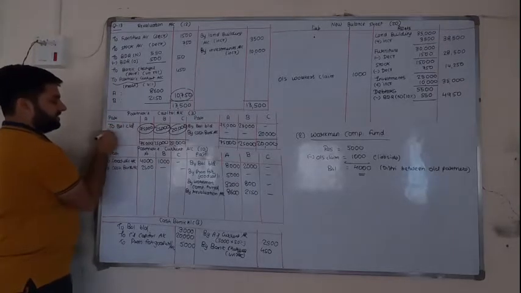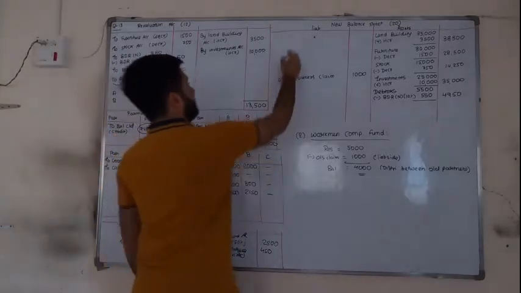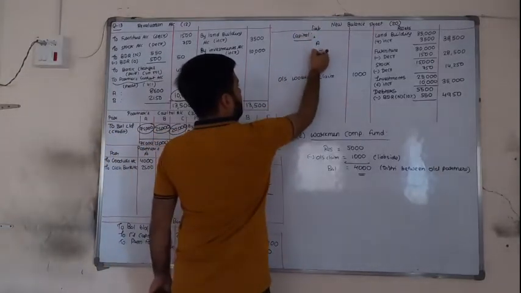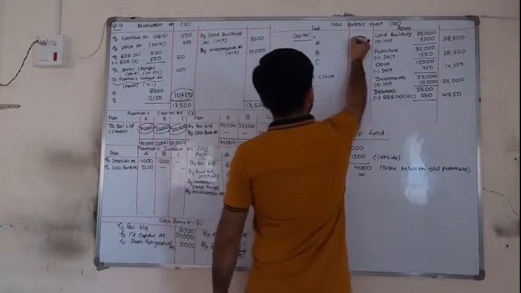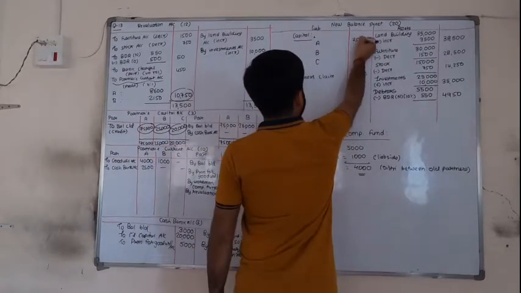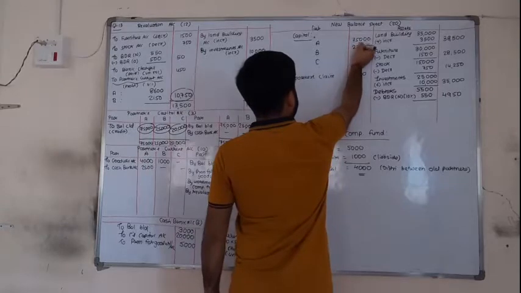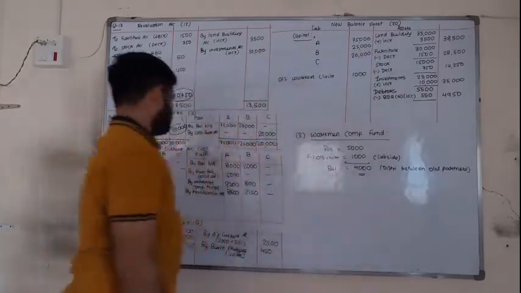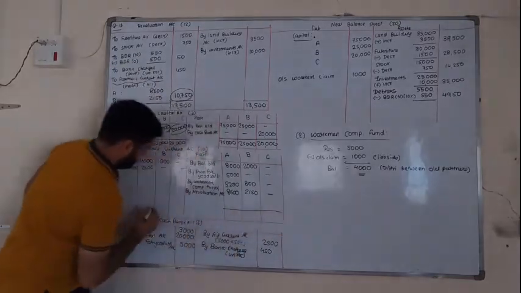To balance carried down, credit balance on the liability side. Capital A, B, C. Okay. 75,000, 25,000, 20,000.